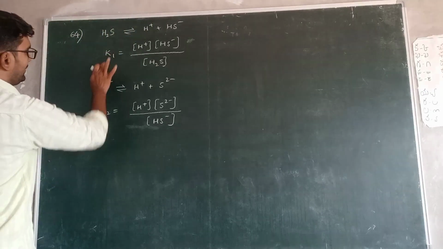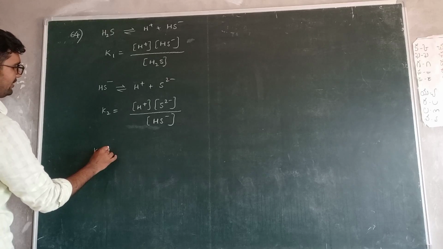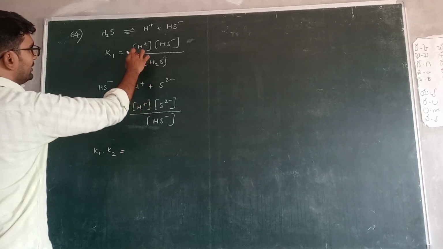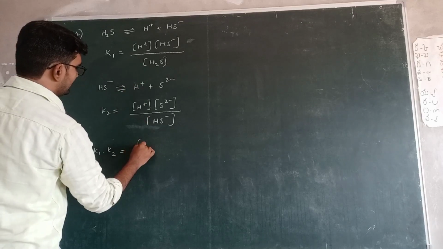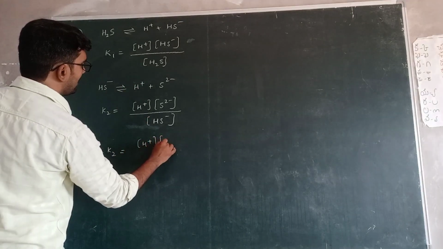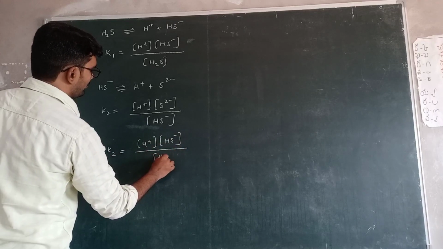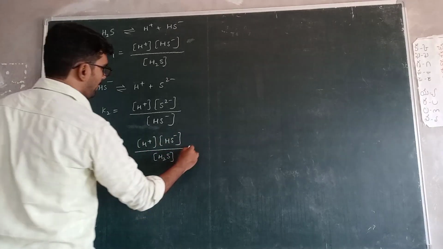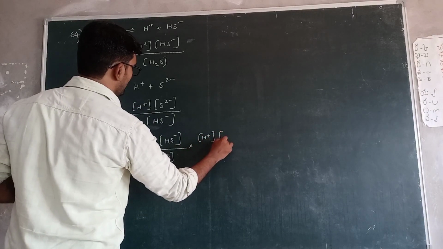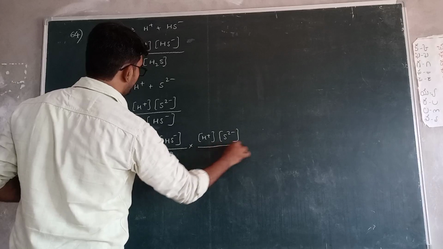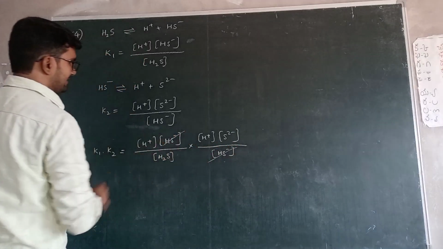So first multiply these two. K1 into K2 is equal to this one into this one: concentration of H plus into concentration of HS minus by concentration of H2S, into concentration of H plus into concentration of S2 minus by concentration of HS minus. These two are cancelled.